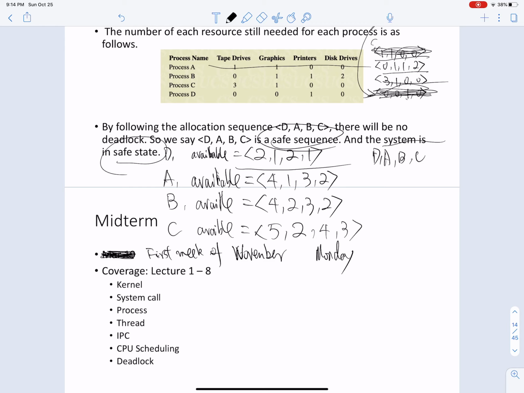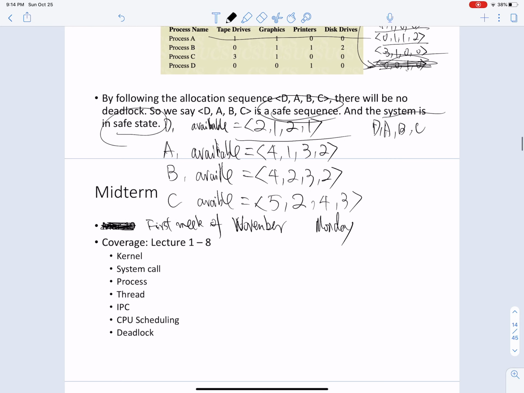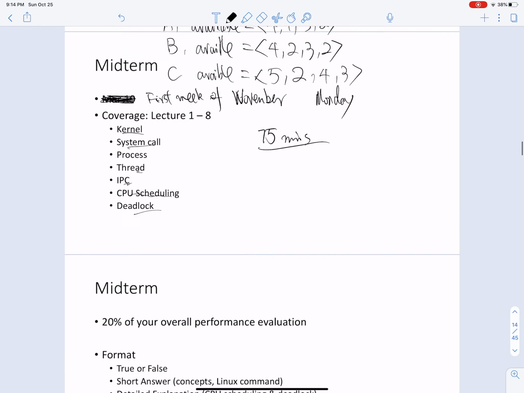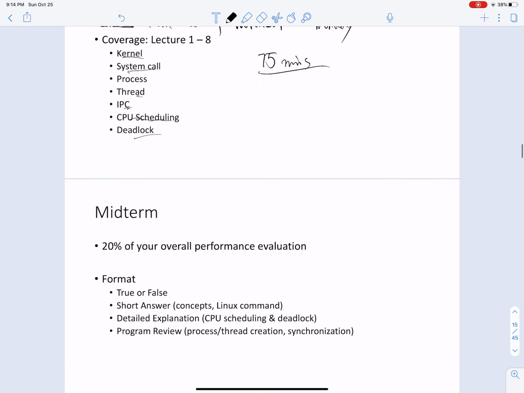Okay, so the midterm is going to be 75 minutes long. So it's not going to be too long, and it's going to cover our materials from lecture 1 to lecture 8, which includes the operating system kernel, system call, process, thread, interprocess communication, CPU scheduling algorithm, and deadlock.